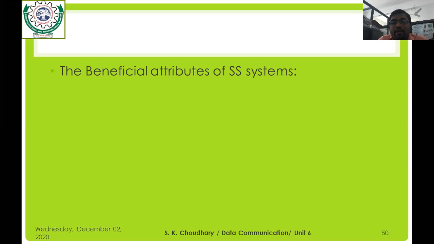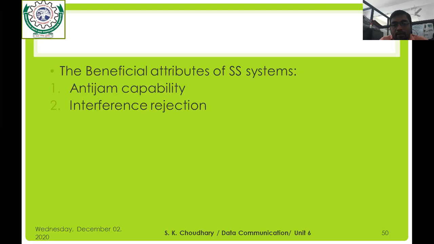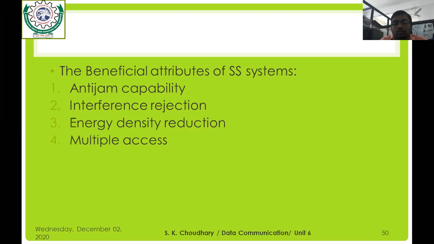Now, what are the beneficial attributes of spread spectrum systems, or what is the advantage of this? There are various advantages you can see. First of all, anti-jamming capability comes into the communication system by using spread spectrum. Interference rejection capability is developed. Energy density is reduced.